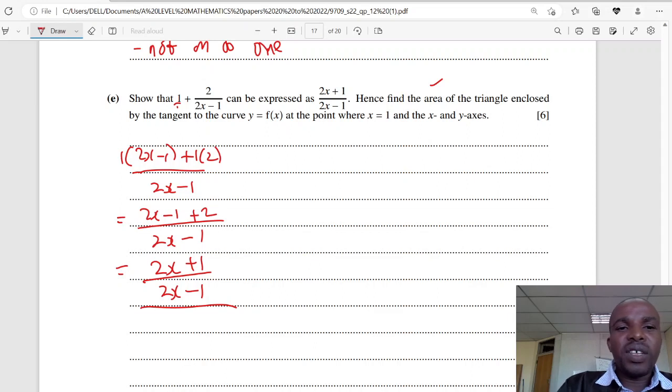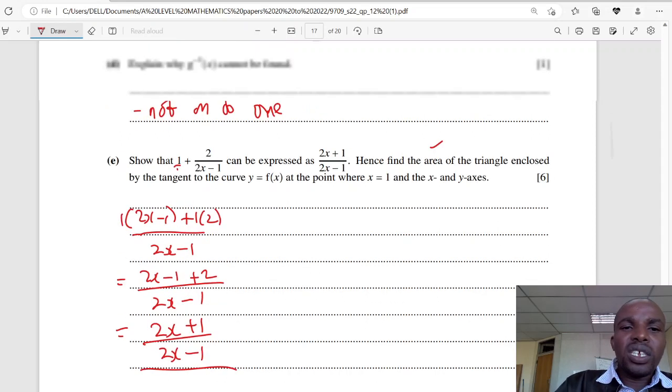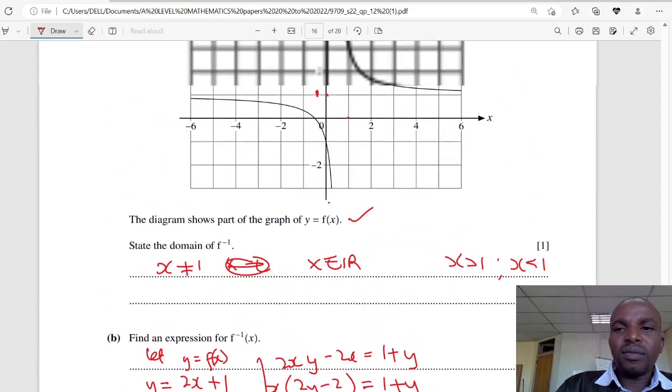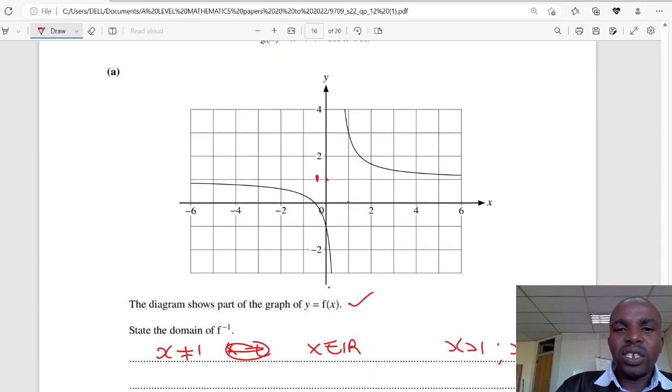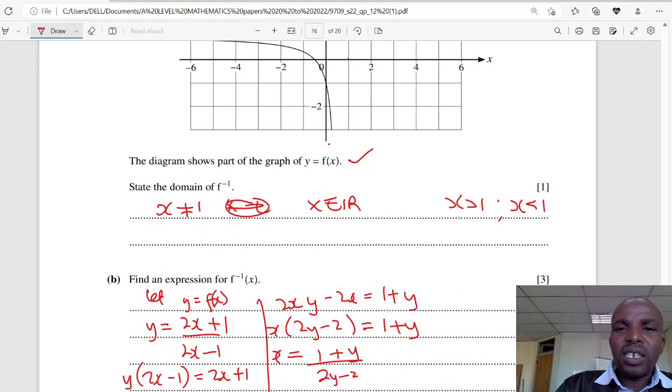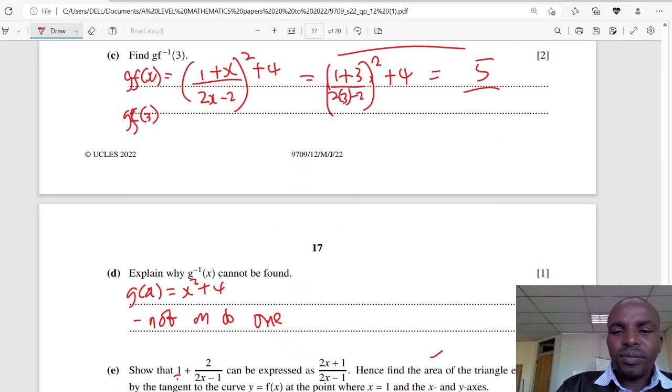Let's check, y equals f of x is this one. So it's the triangle enclosed by the tangent to the curve y equals f of x at the point where x equals 1, and the x-axis and the y-axis.